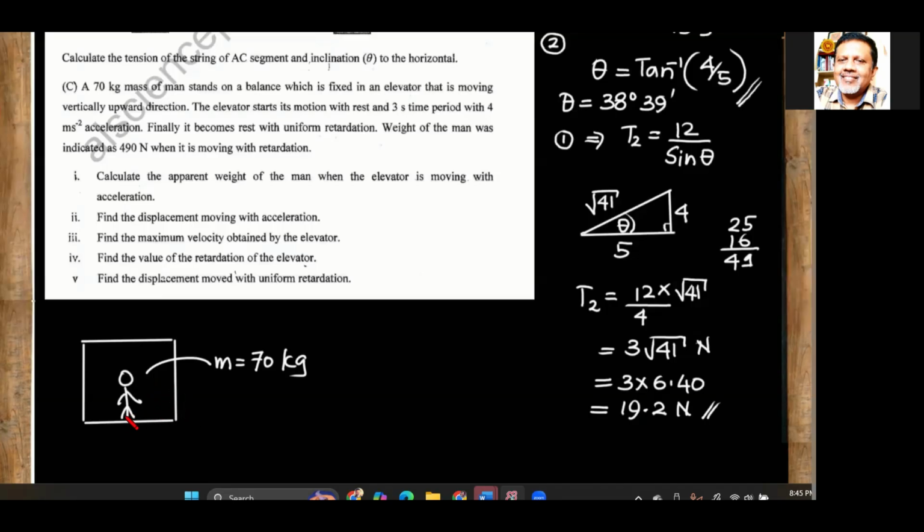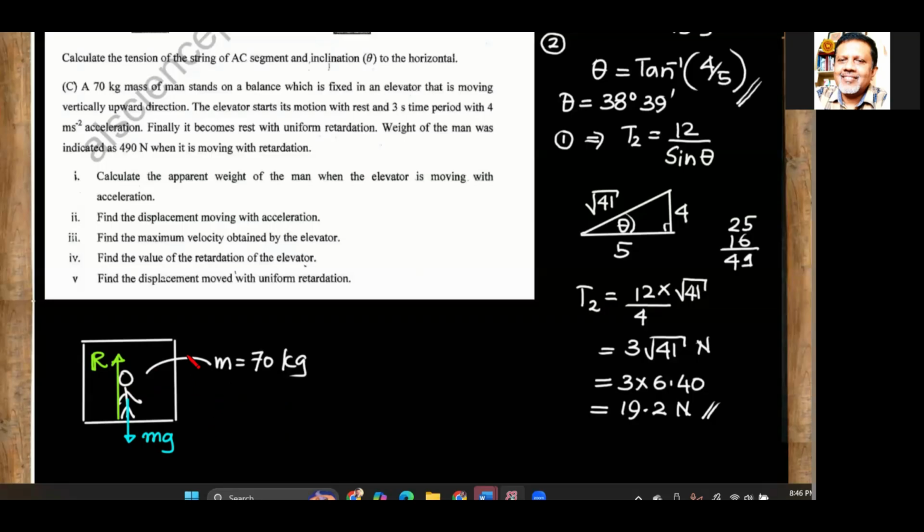For example, if you just consider the weight of the person, we can mark it as mg. It is just on the man. And there's another important thing, that is the reaction from the elevator to this person, the normal reaction, which can be considered as capital R.